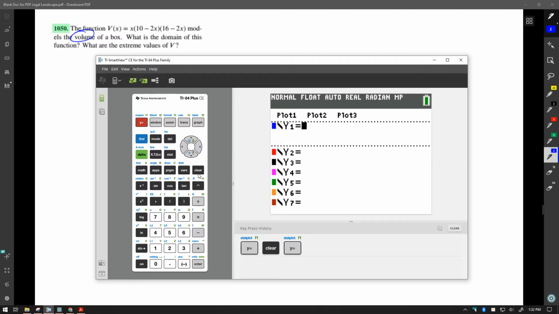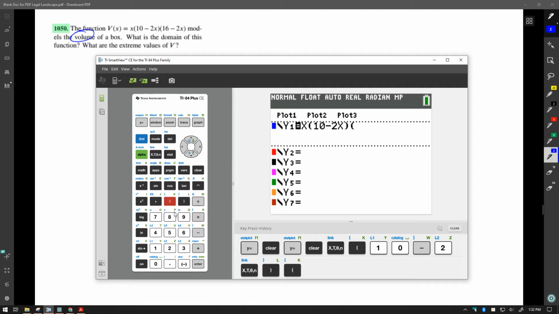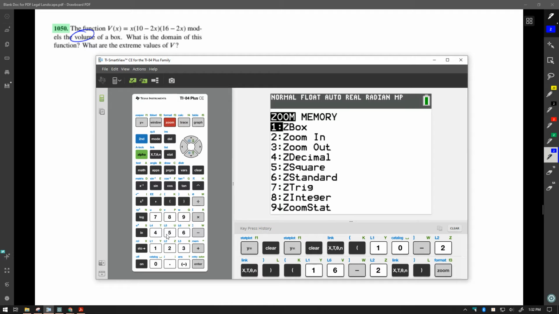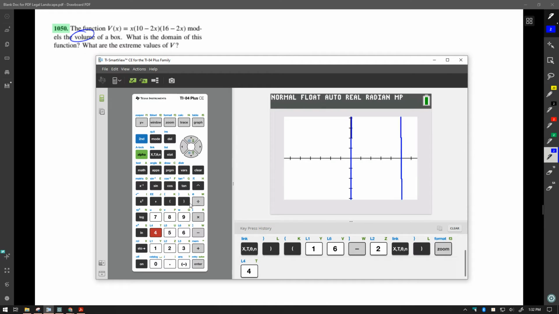So let's go to the y equals screen and let's type in x times (10 minus 2x) times (16 minus 2x), and see where that leads us if we graph this on Zoom Decimal.